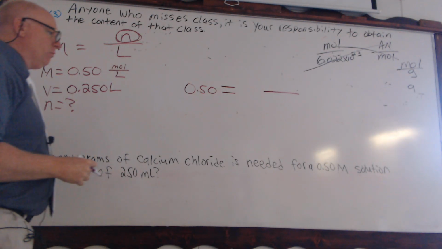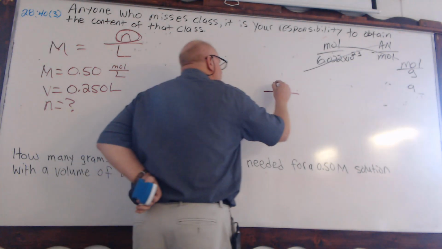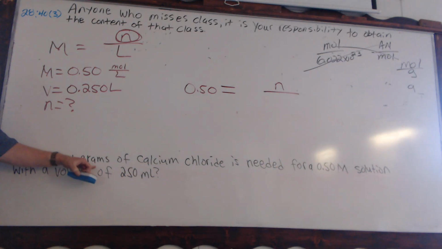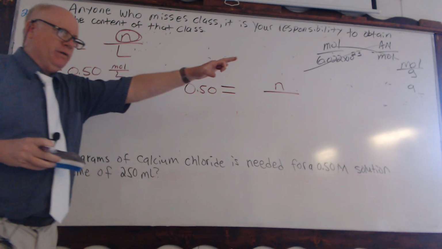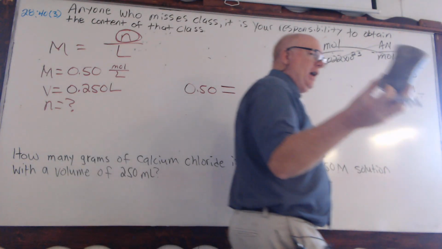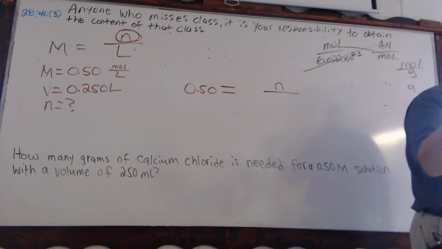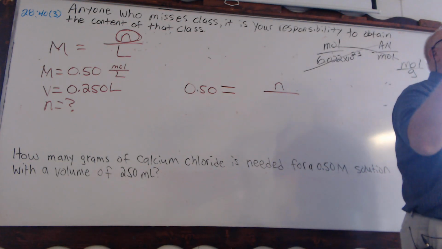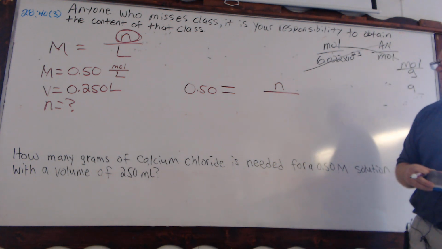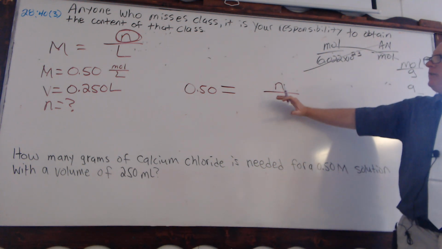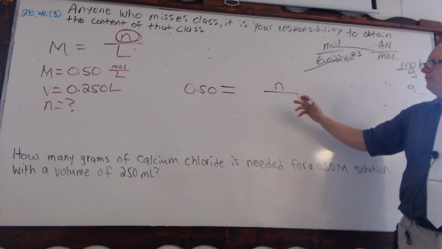The number of moles that we need. Because notice, it's asking for how many grams, not how many moles. You really can't go over into the store and say, I need this many moles of calcium chloride. You'd say, how many grams do I need to make that number of moles to go into this equation? So what goes on the bottom in this equation?